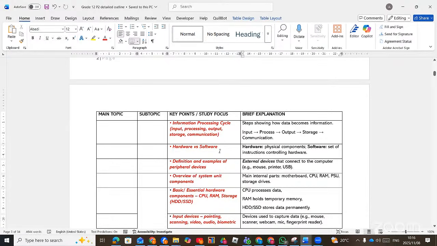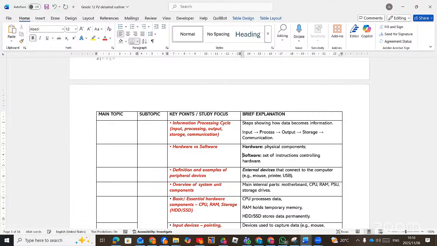And then comparing hardware and software. We know that hardware is the physical component of the computer, and then the software is a set of instructions that controls the hardware.